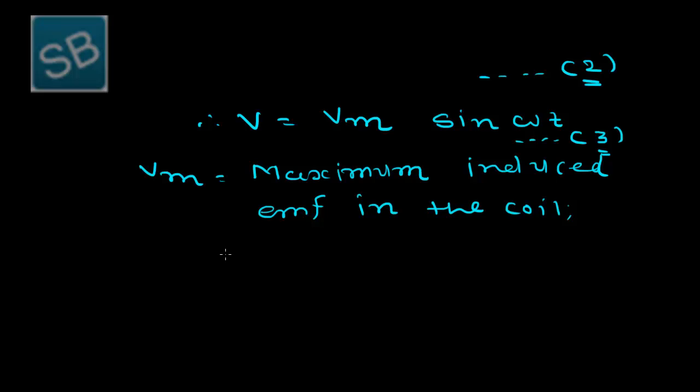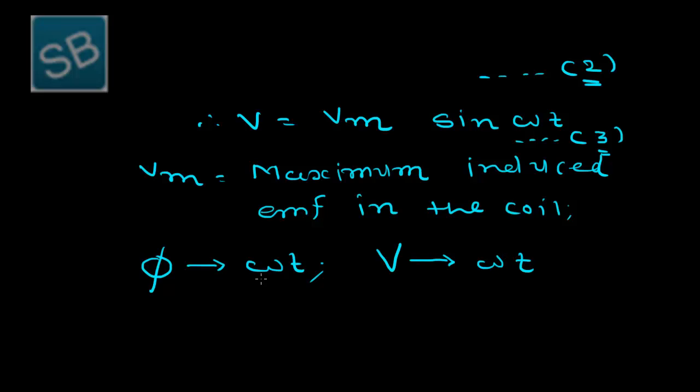Now, if you consider the slip rings and the brushes which are given in the figure as well as we have seen in the animation, what will be the nature of the magnetic flux as a function of omega t, as well as the nature of voltage as a function of omega t.